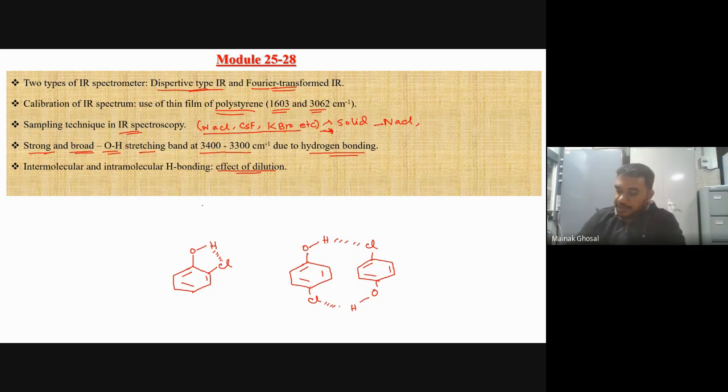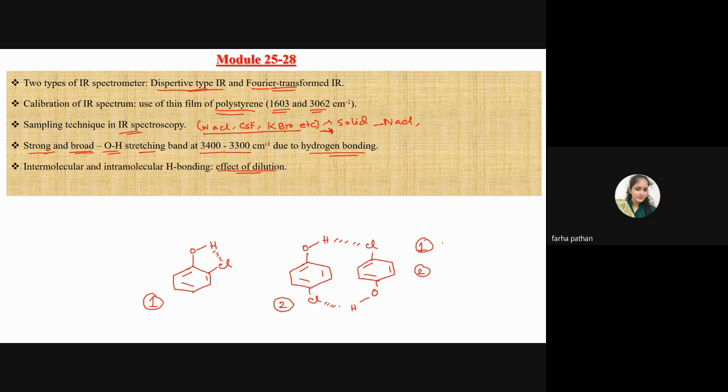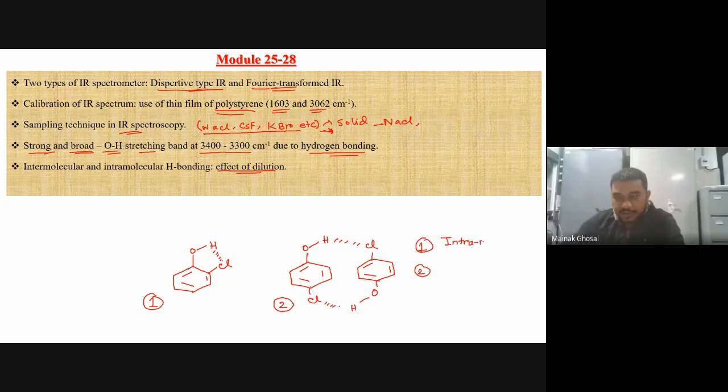Which one is intermolecular hydrogen bonding and which one is intramolecular hydrogen bonding? Suppose this is case 1, and this is case 2. One is intramolecular hydrogen bonding.